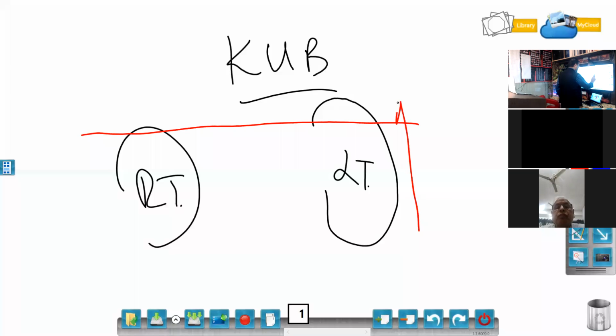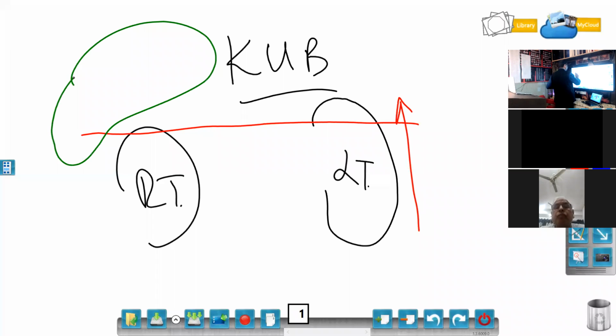The left kidney is a bit high up due to the liver, which is on the right side. This right kidney is roughly 1 centimeter lower than the left kidney, which we already discussed in our classes.